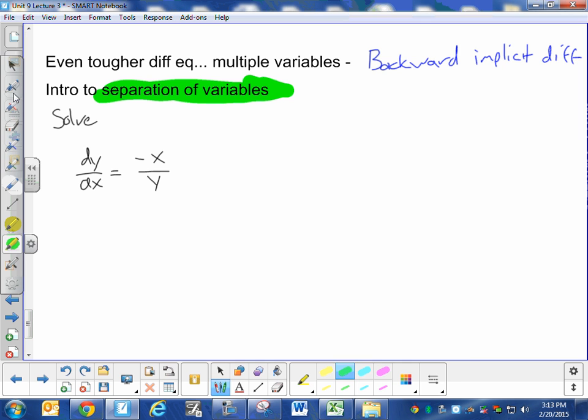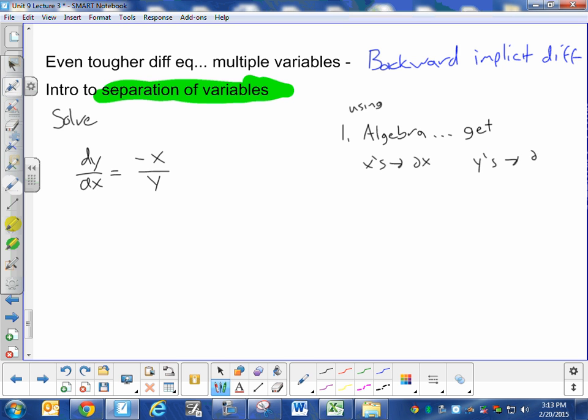Step 1 for separation of variables is to algebraically move things so that you have your x's with your dx's and your y's with your dy's, using algebra. How would that look for this?